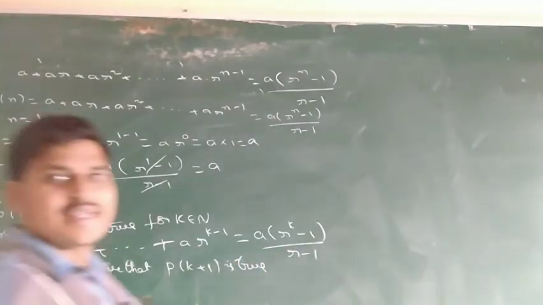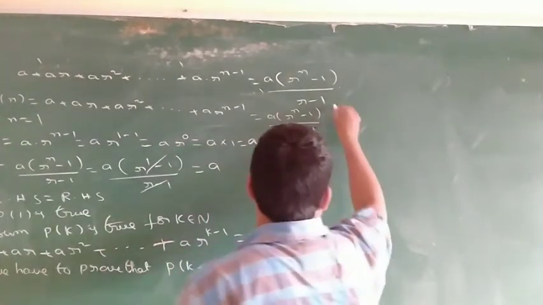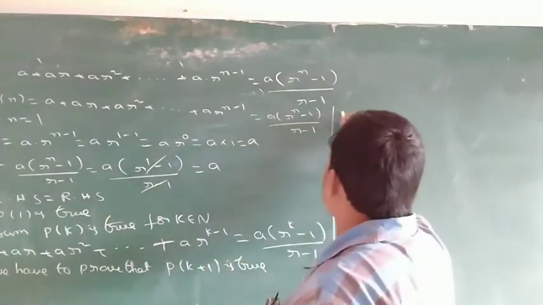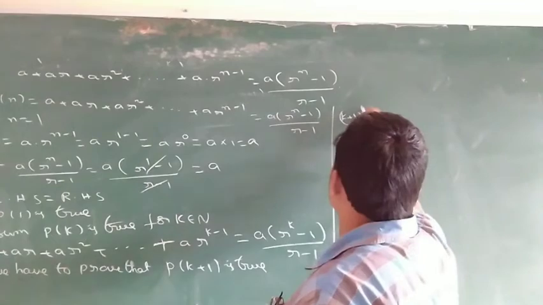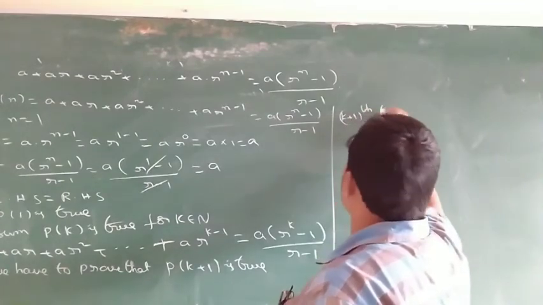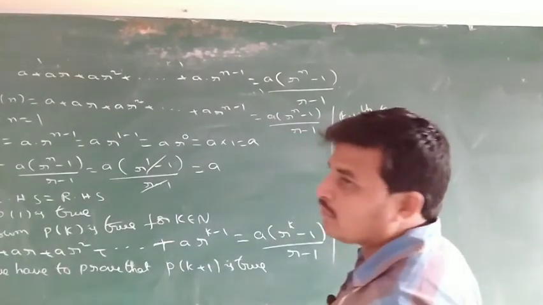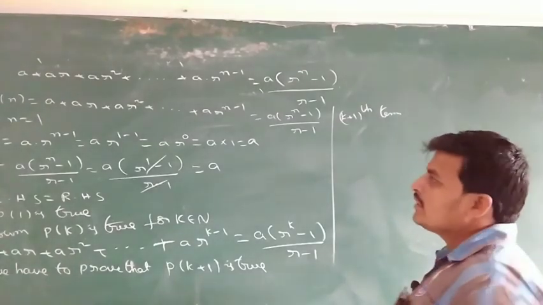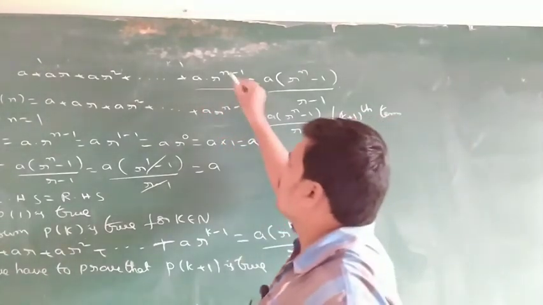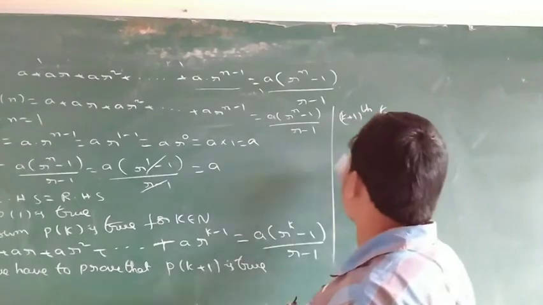Next, find out the k plus 1th term. What is the k plus 1th term? How to find out the k plus 1th term? In the nth term of the given problem, put n is equal to k plus 1.